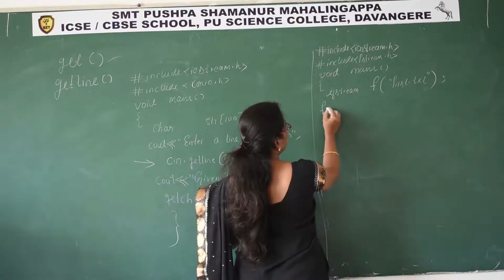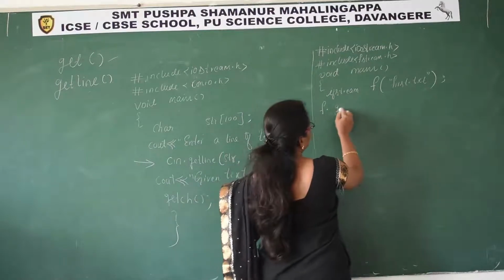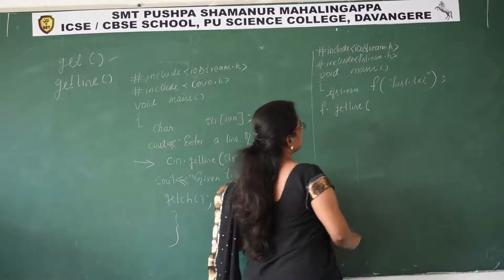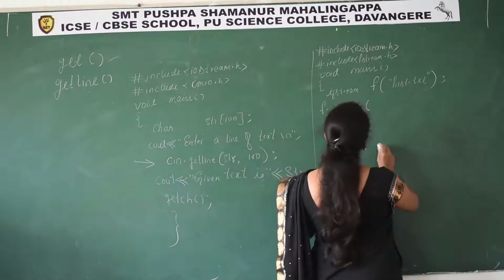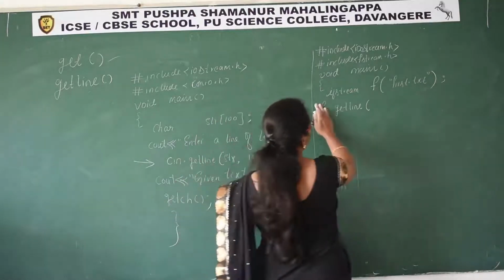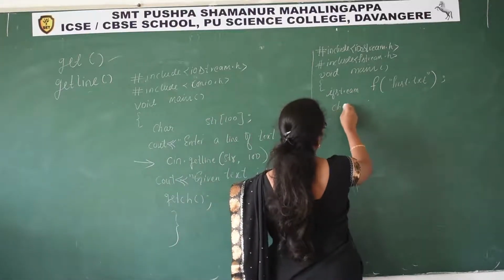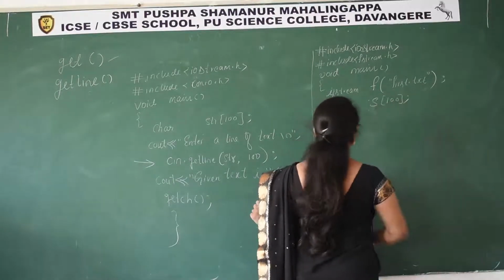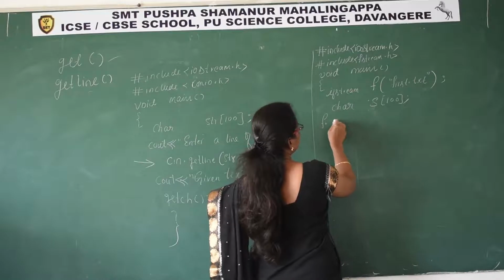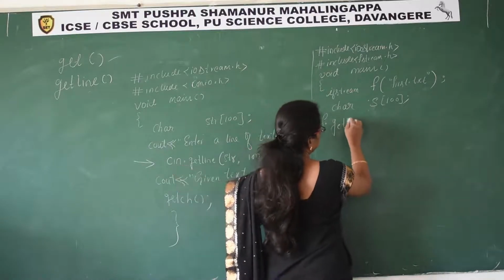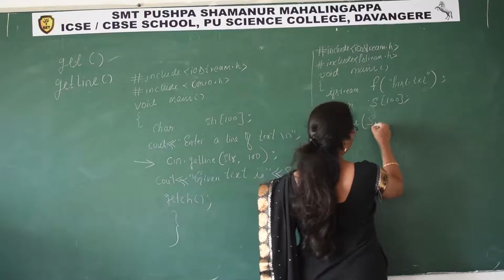f dot getLine. Where do I have to store the data? I have to take a string here, so before that I'll take char s of 100. f dot, instead of cin I'll take f dot getLine, s comma 100.